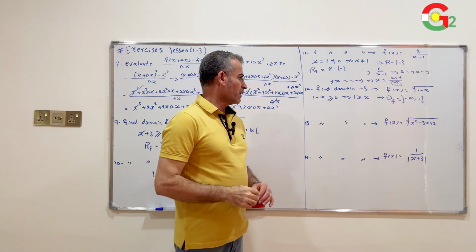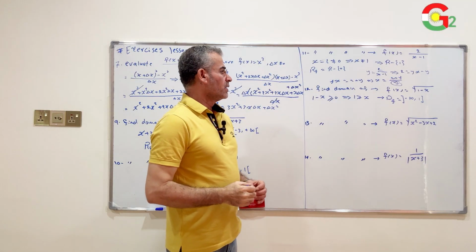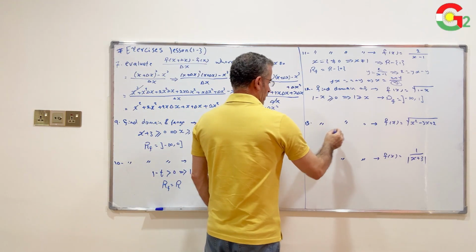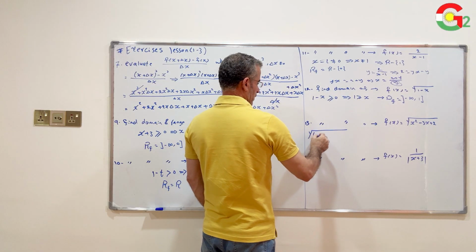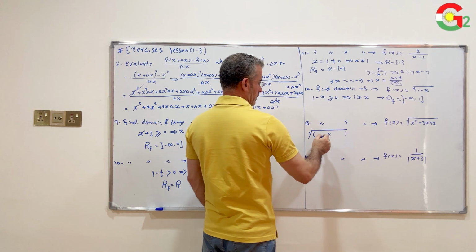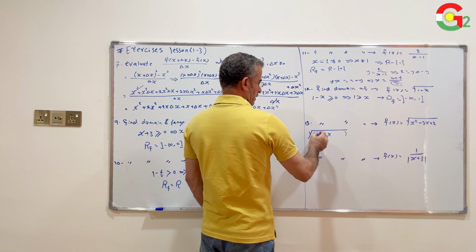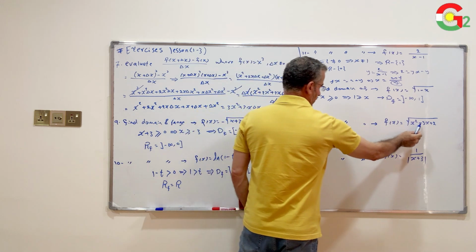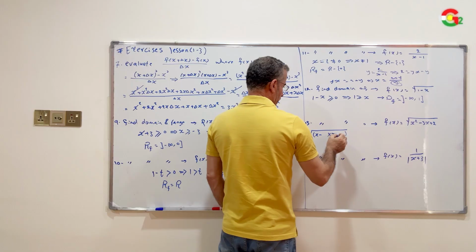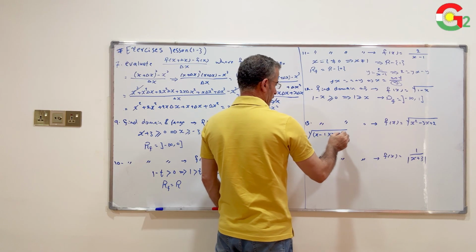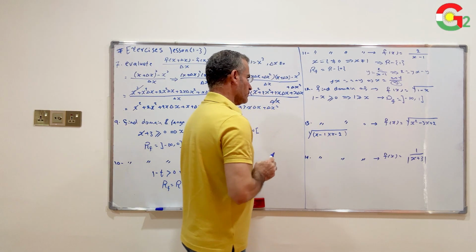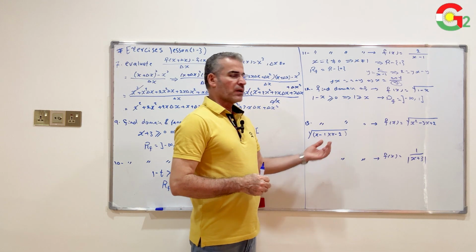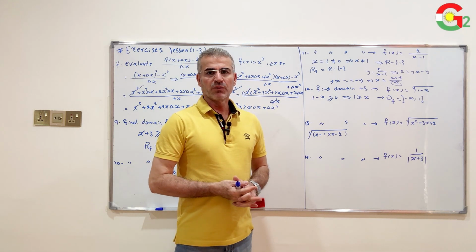Number 13, find the domain of the function square root of x squared minus 3x plus 2. Analyze the sign of the term under the square root: positive, then negative, then positive around 1 and 2. Now, I want the term under the square root to be non-negative.